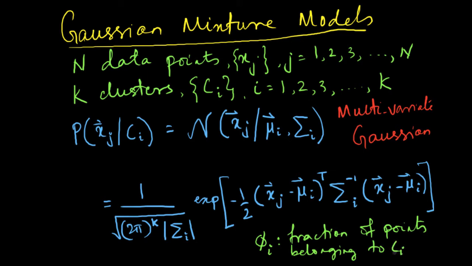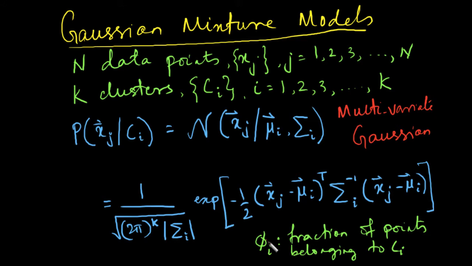Now this phi I is computed in a slightly more non-trivial manner. It is not just the number of points in class I divided by the total number of points, because as you know, in the Gaussian mixture model algorithm, we are not doing a hard assignment of the data points to the classes, and we are only computing the probabilities. So this phi I is not just a ratio of two numbers, but is calculated a little more differently, which we are going to see very soon.